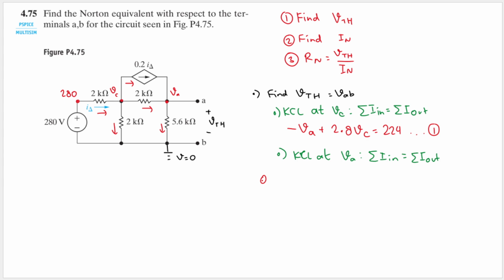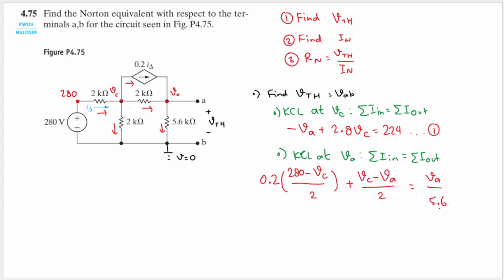We have 0.2 I delta, and I delta is this one, so we'll have 280 minus VC divided by 2. Good. And then we will have this one here, so we will have plus VC minus VA divided by 2, and that will equal to VA divided by 5.6.